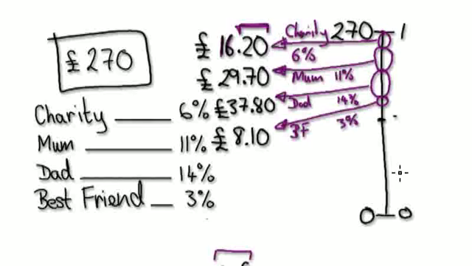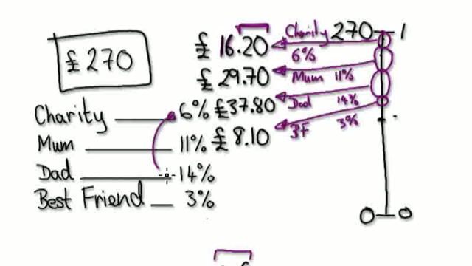But how much is left for you? Remember, when you get the whole amount and divide by 100, you've got 100 pieces to play with. You've just given 6 pieces away, 11 pieces to Mum, 14 pieces to Dad, 3 pieces to best friend. So how many pieces is left for you? Let's add all these together.